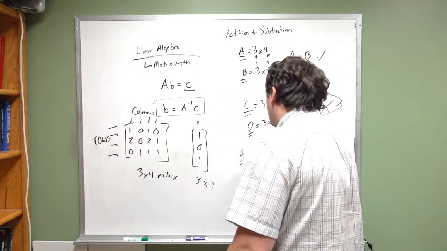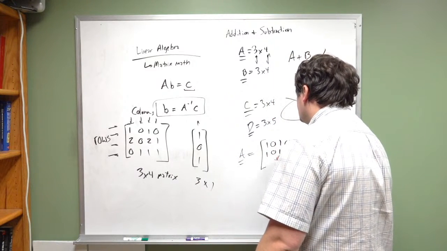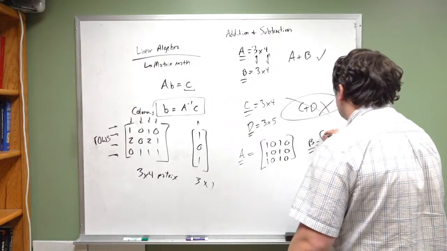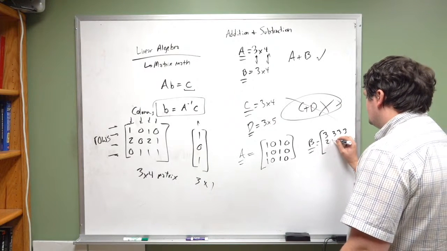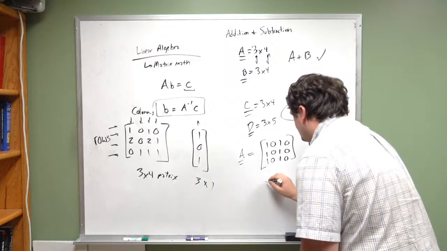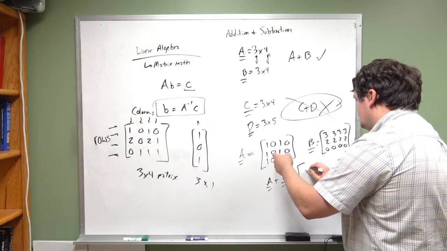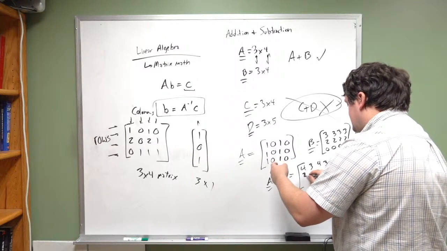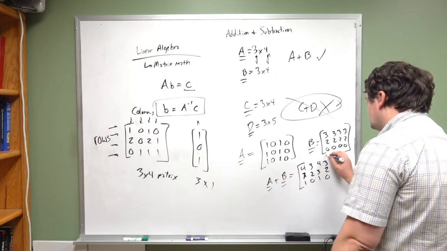So if my A matrix is equal to 1 0 1 0 1 0 1 0 1 0 1 0, and my B matrix is equal to 3 3 3 3 2 2 2 2 0 0 0 0, then A plus B is going to equal 4 3 4 3 3 2 3 2 1 0 1 0.